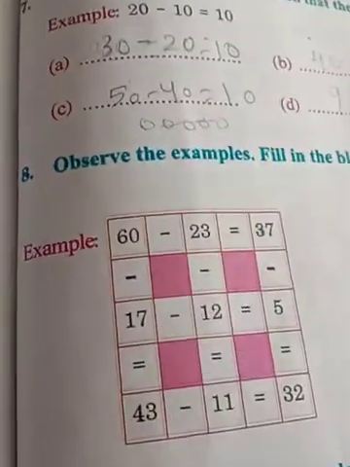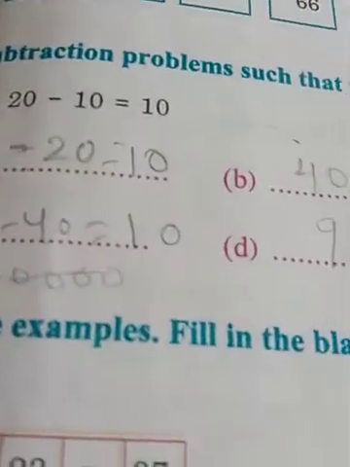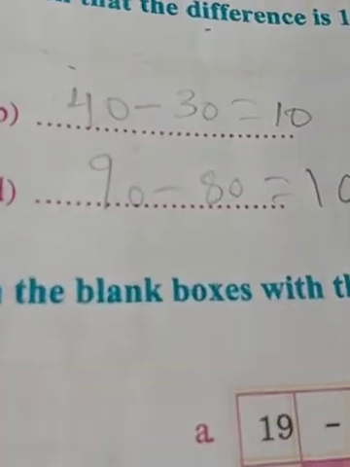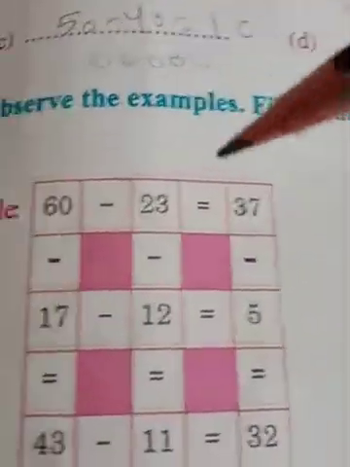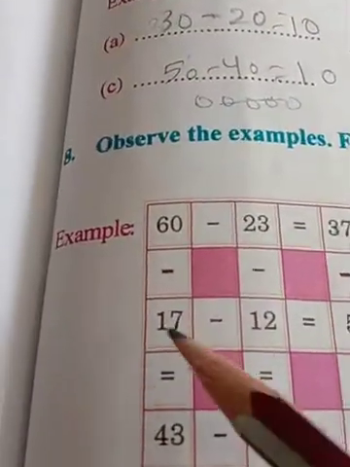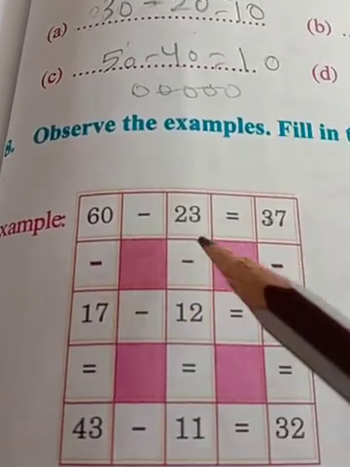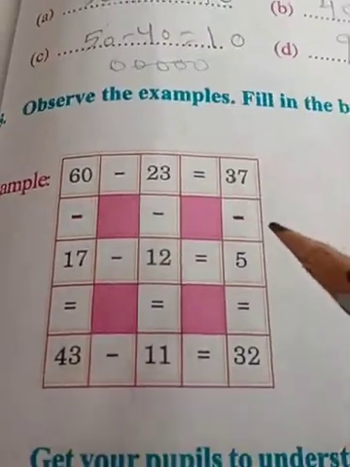Okay, now observe the examples. Fill in the blank boxes with the correct numbers. So now children, 60 minus 23. Here the answer is 37.